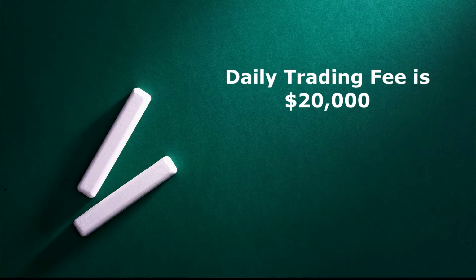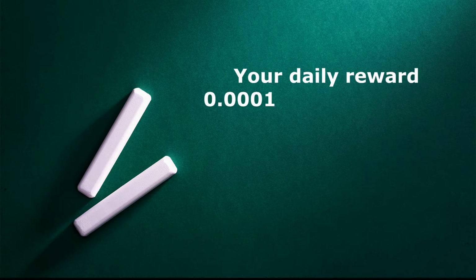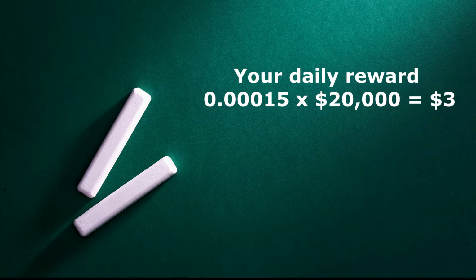That comes to 0.015%. If then the daily trading fee is, say, $20,000, then you as a liquidity provider would receive 0.015% of $20,000. That comes to about $3 a day or $90 a month. You get the point.